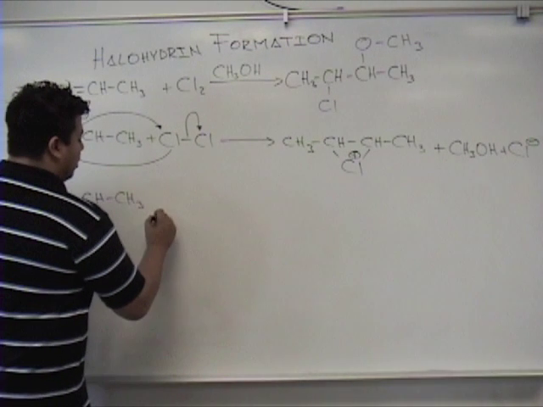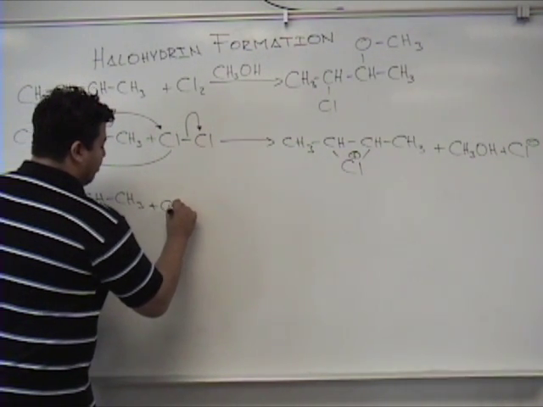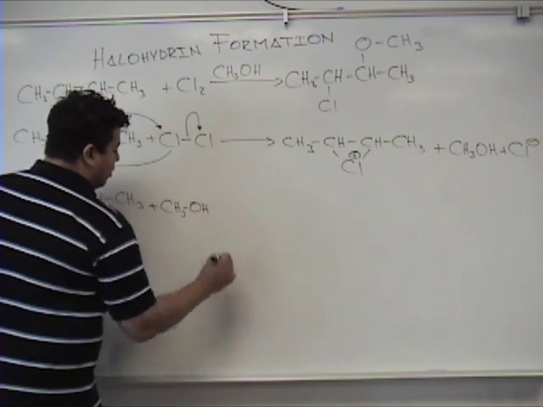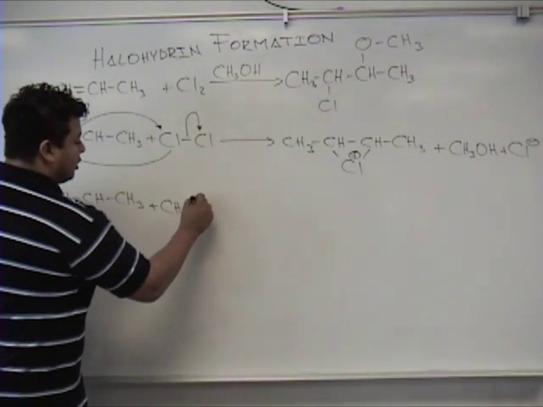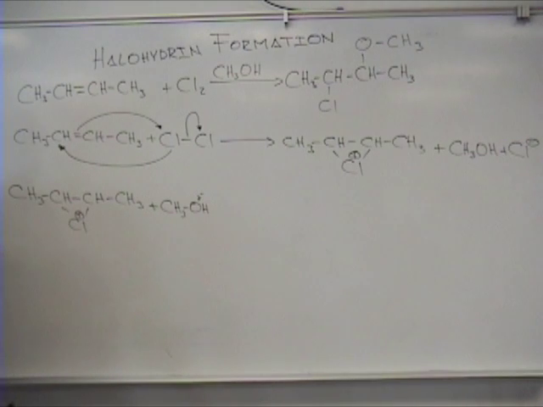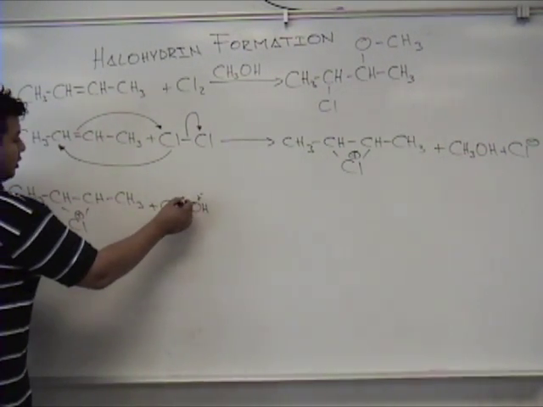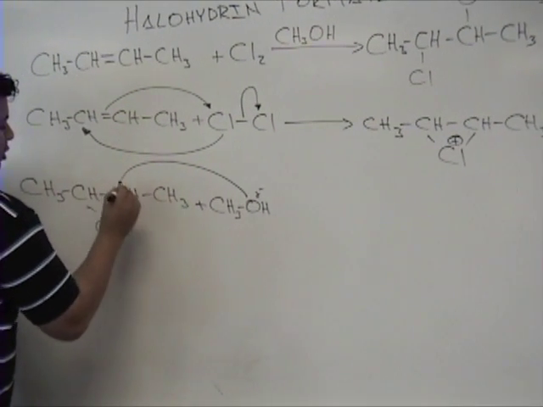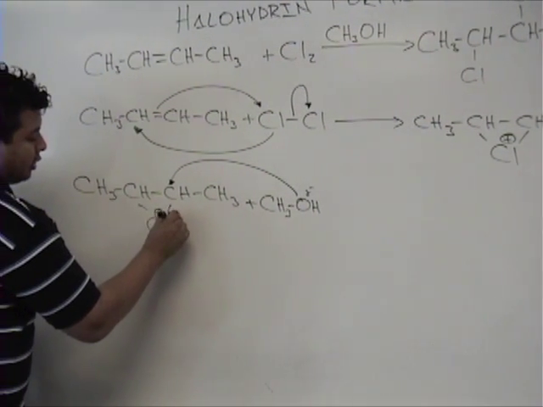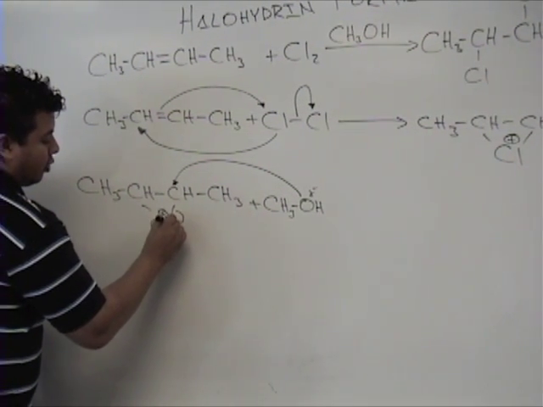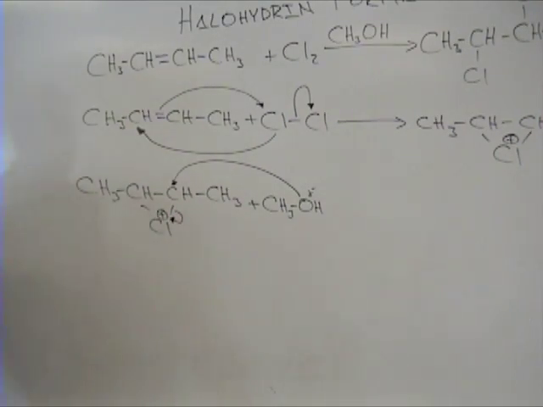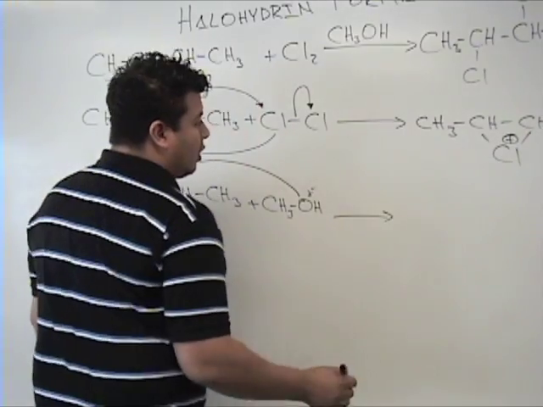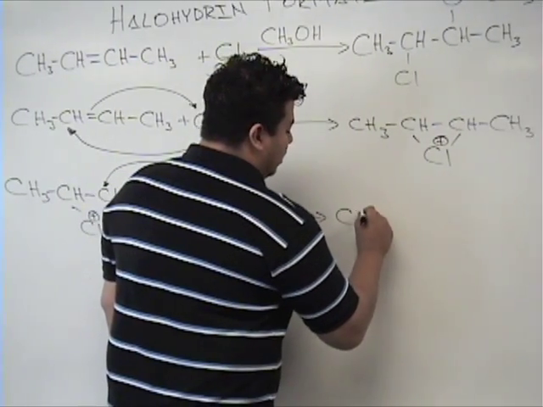And then the methanol, we know that the oxygen is partial negative. So the partial negative oxygen is going to attack this carbon right here. And then this bond is going to break, and the chlorine is going to take the electrons, like that. And then what we're going to get is this.